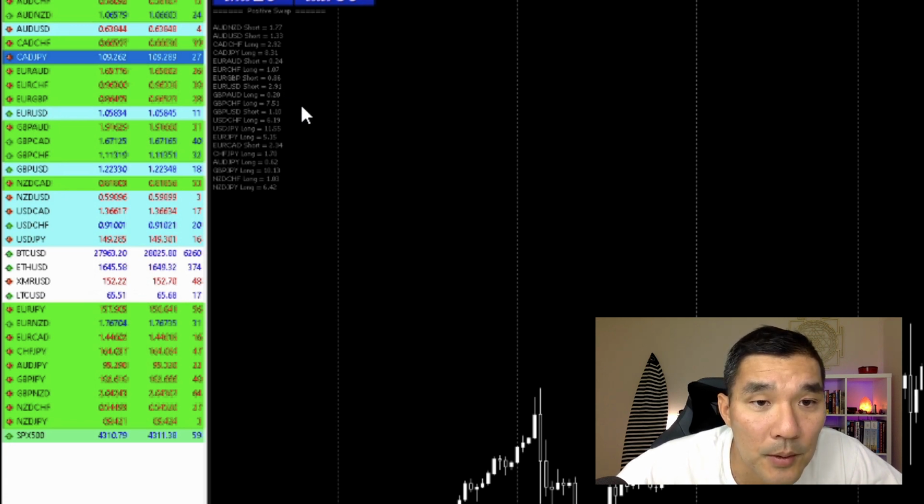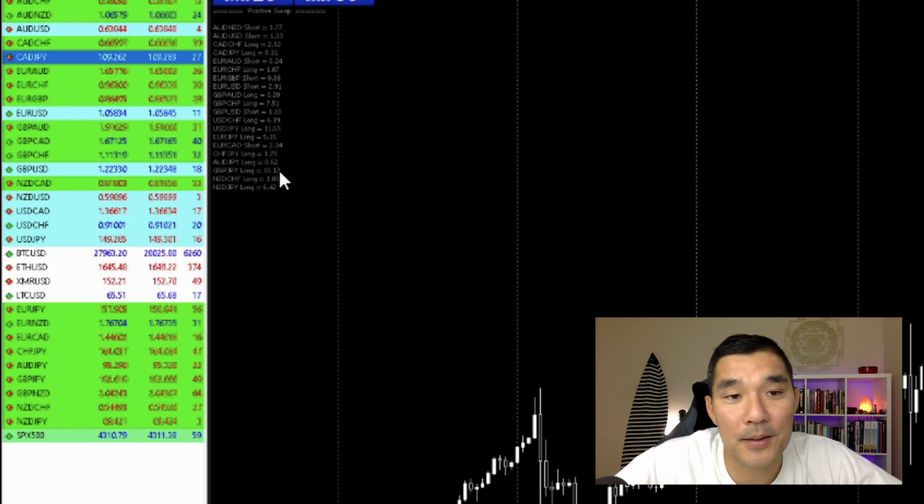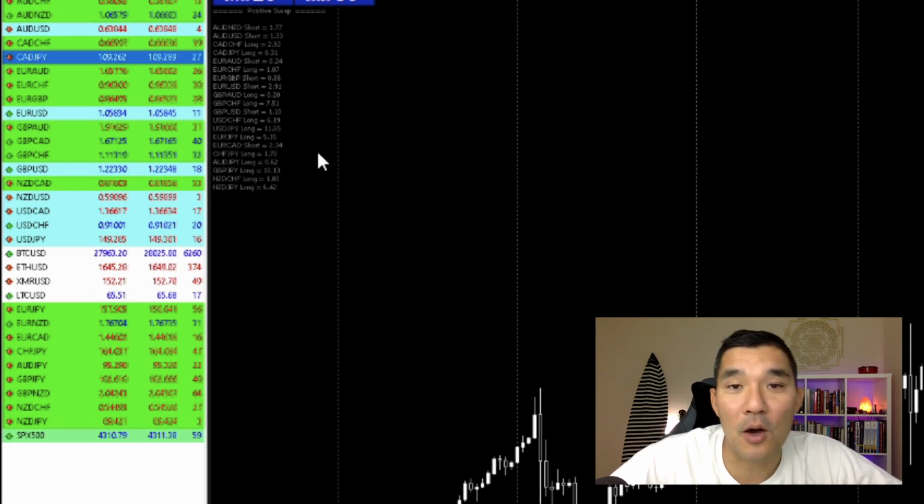I think there was one more that had some pretty good interest. CAD yen, 8 point something. That's not bad, but if anything, I'd be targeting USD yen and the pound yen. Those are the two highest positive swap markets, and these are both long, so I'm going to be looking for long trades in those markets.